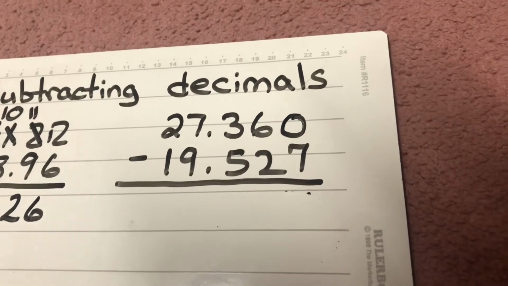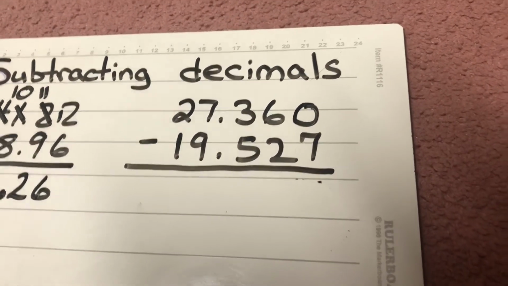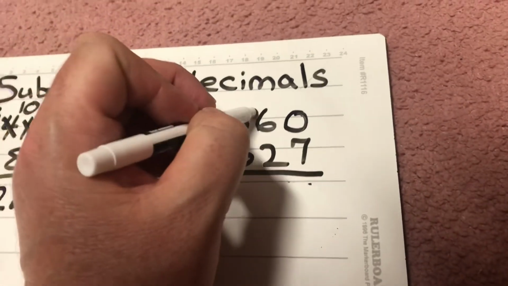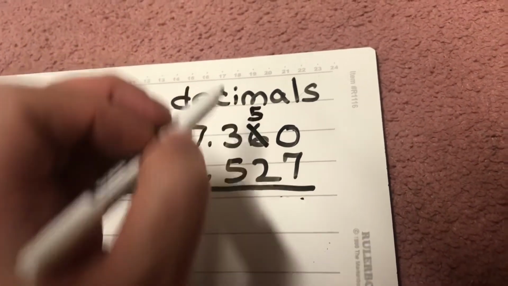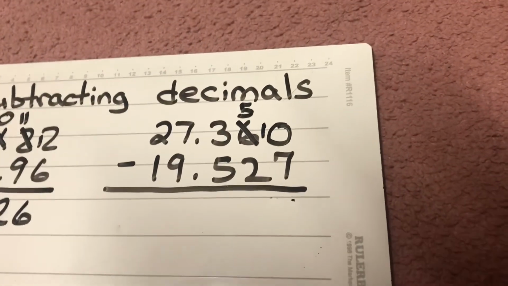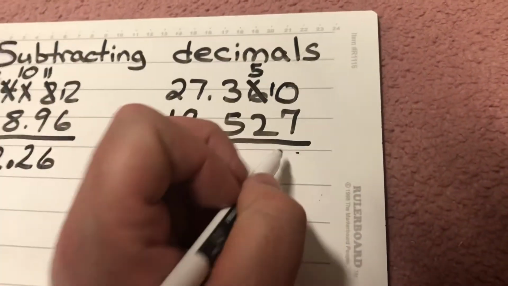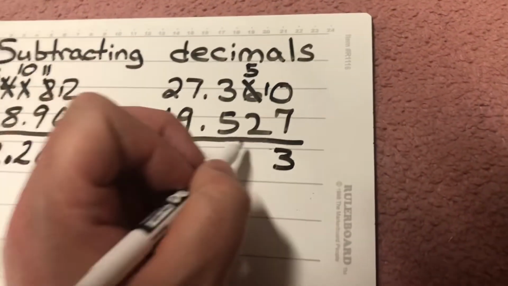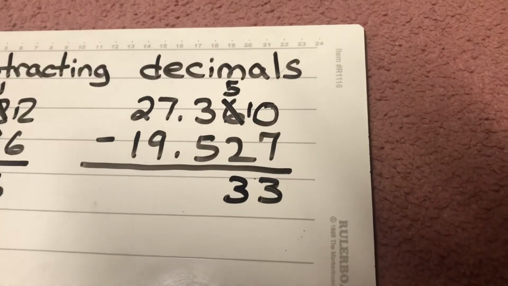Then it becomes a totally different idea, because then you can say, oh, it's 0 minus 7. I can't do that. So I have to borrow from the 6. I have to make that a 5, and I've got to make that 0 a 10. Then I do 10 minus 7, which is 3. Then I do 5 minus 2, which is 3.